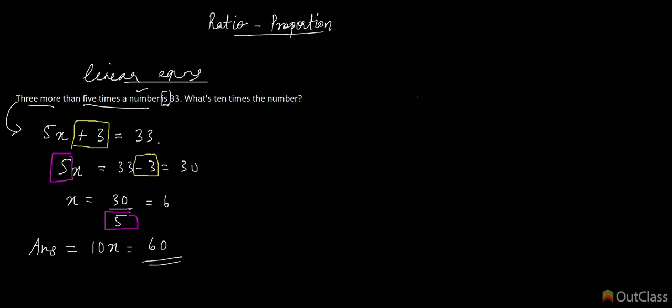Would you be able to reason out the answer? I think yes. You would reason it out like this. We're told that 3 more than 5 times a number is 33. So we apply some operations and then we added 3 to the result and it became 33.